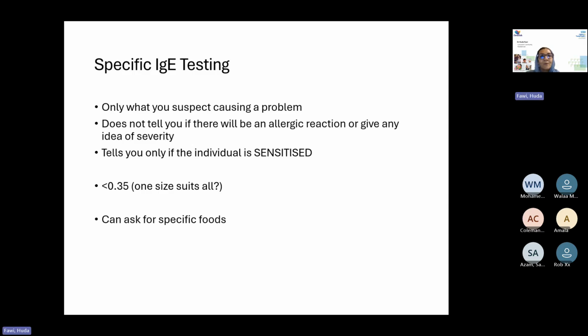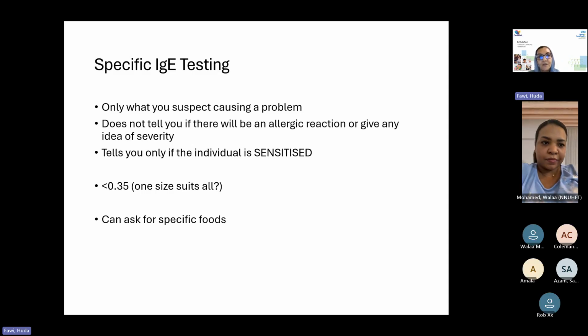With regards to food, you need to be specific about what foods. So if they're able to tolerate nuts, you don't go and look for specific IgEs for nuts or tree nuts. If it's only for egg, you only do the egg. So if we've got this child I told you about with the egg allergy, they presented to the GP.